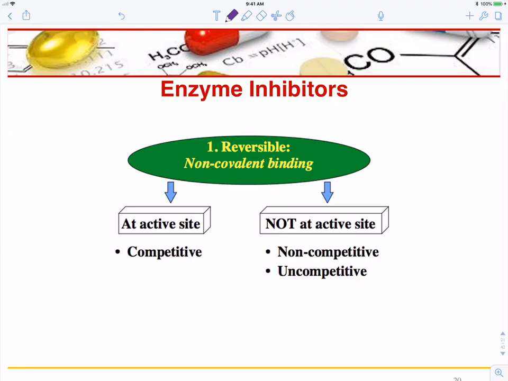For reversible inhibitors, in turn, we have two possible situations. We have binding at the active site, and so that will be a competitive inhibitor because it competes with the substrate. Or we have inhibitors that act allosterically, so not at the active site, and this can be non-competitive or uncompetitive, depending on where they bind to the enzyme.